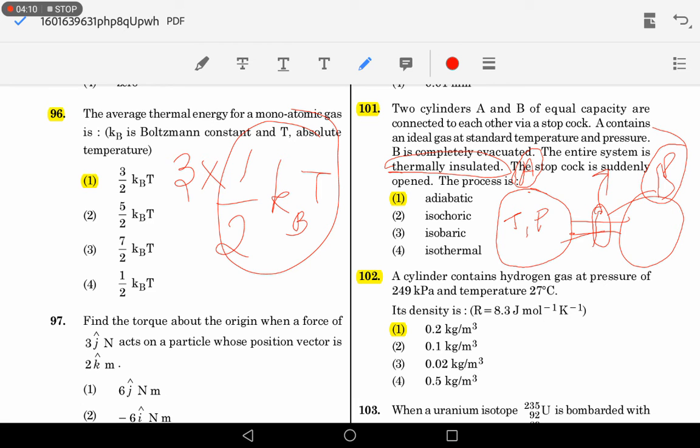So when the stopcock is opened, the ideal gas moves from cylinder A to cylinder B. As a result, the pressure is going to decrease and there will be a change in temperature. Also, the volume of the ideal gas is going to change.